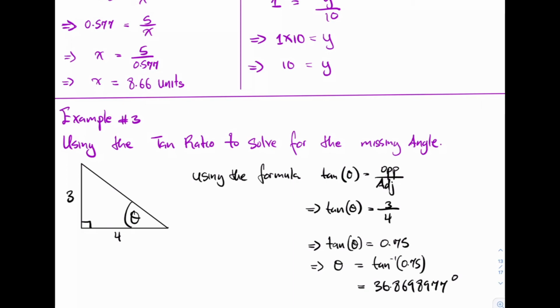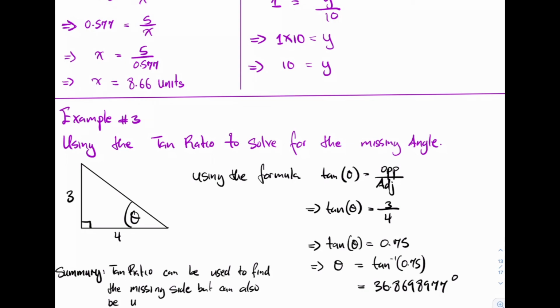So let's put our summary here. The summary says that the tan ratio can be used to find the missing sides, as we showed in example number 1 and 2, but can also be used to find the missing angle.